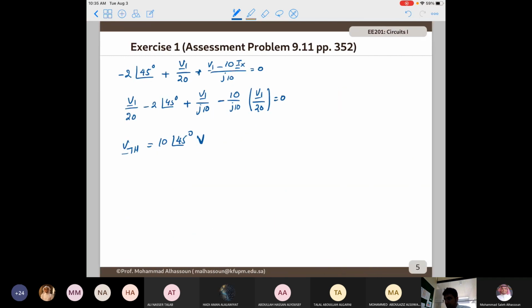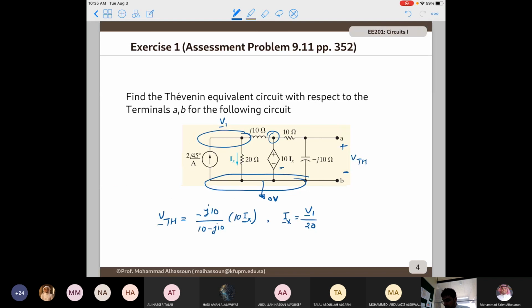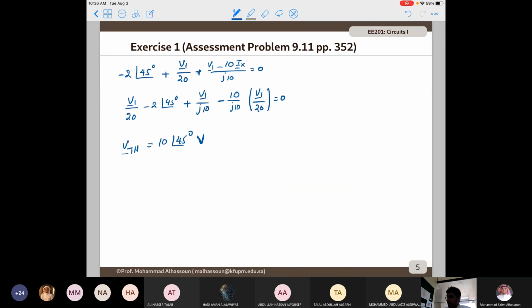Remember, if you are applying a test source, you need to deactivate all independent sources, and we have one, which is the current source. If we deactivate it, it's going to look like an open circuit. So it's an open circuit. This is 20, j10, and Ix.